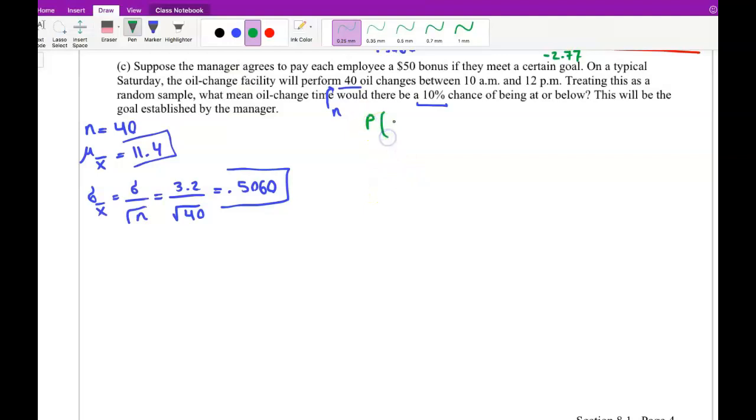Okay, now finding the probability when the sample mean is less than some value, which we don't know yet, and that probability is equal to 10%.